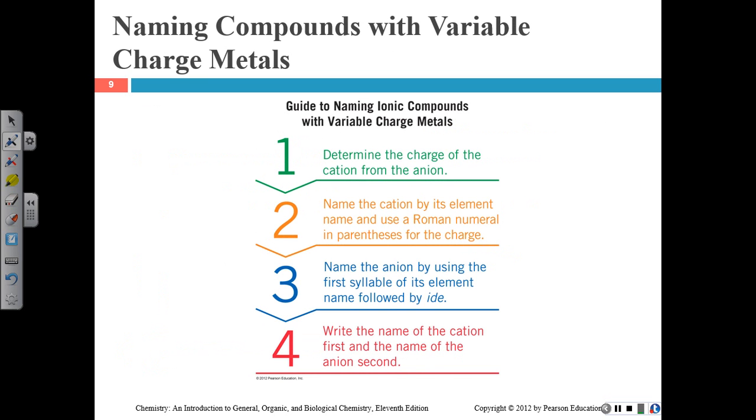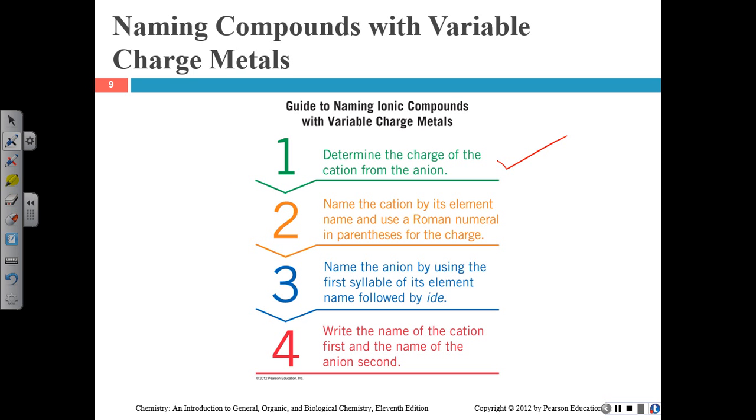So step 1, this just breaks it down for you. We have to find the charge of the cation, or the transition metal. We just did that on that problem. Then you name the cation by its element name, just looking on the periodic table, and then you use a Roman numeral.